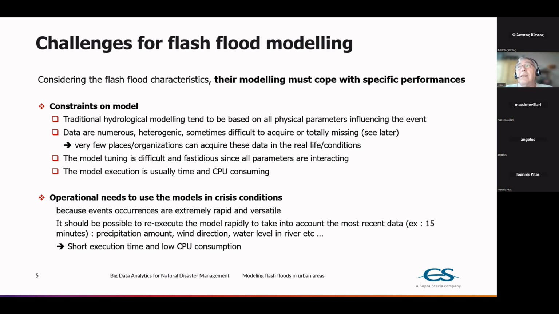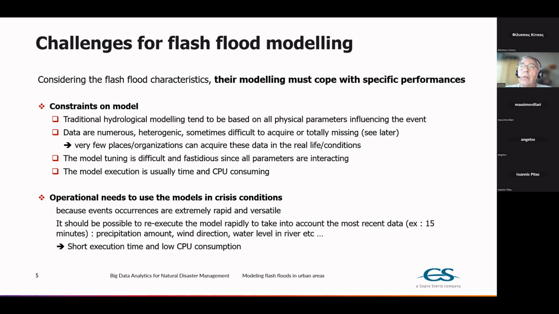And so it's difficult to set up and to tune your model. So that's why in very few places, actually, if we take Europe, there are many places where we have good modeling, but if you go outside Europe or US, it starts to be very difficult even to have some data. And if you don't have the input data for the model, whatever the model is, it's really impossible to predict anything.